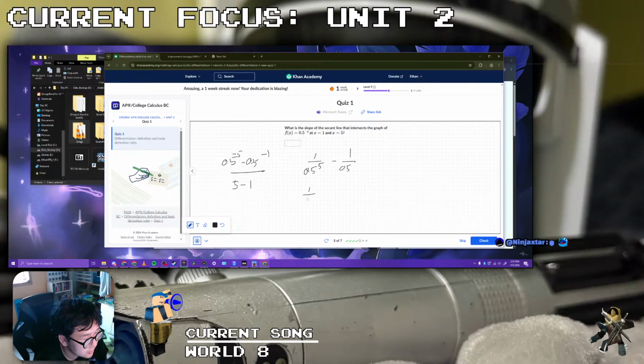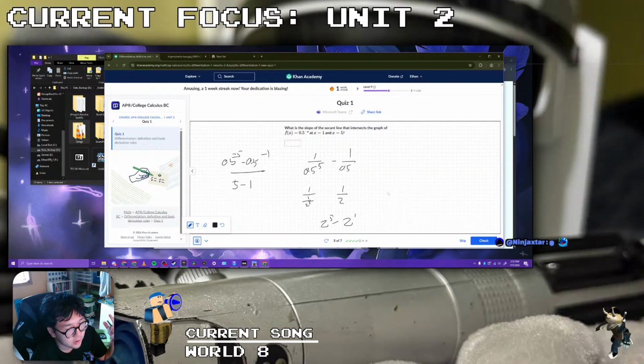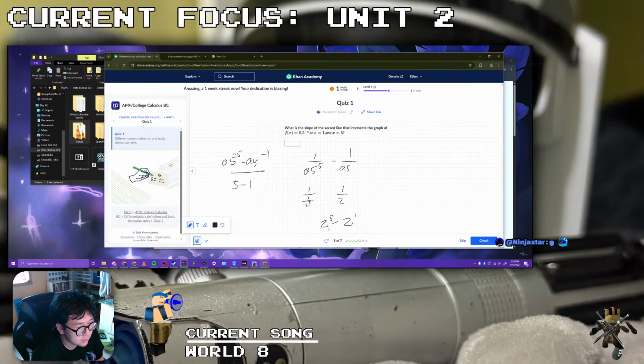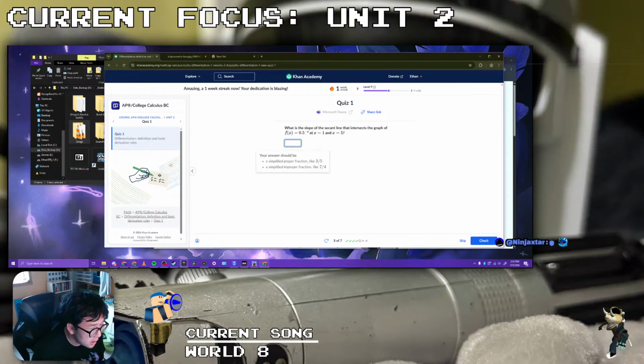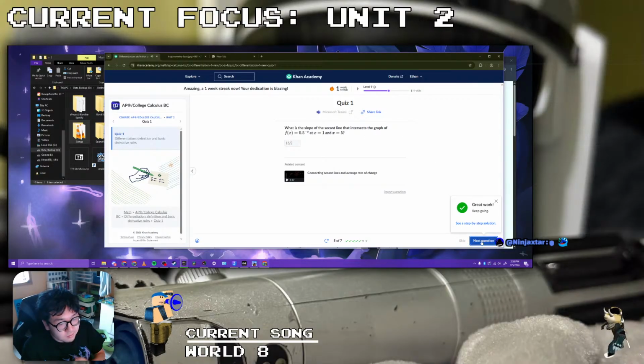So basically this is just 1 over 1 over 2 to the 5th. I'm pretty sure this is just 2 to the 5th minus 2 to the 1st. 2, 4, 8, 16, 32. 31, 30. I'm pretty sure. Yeah.